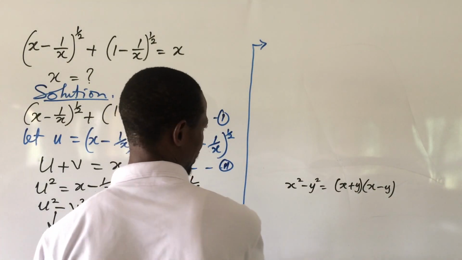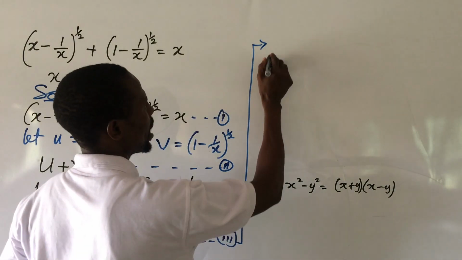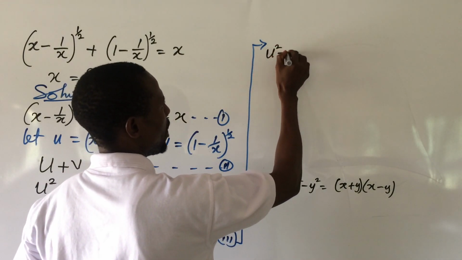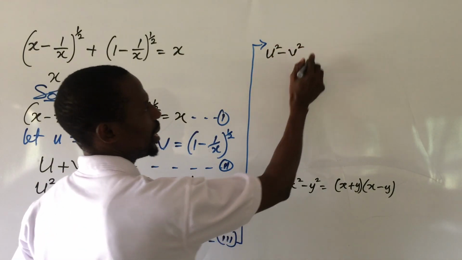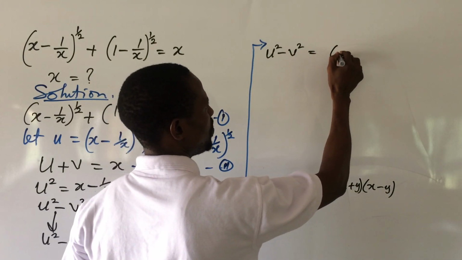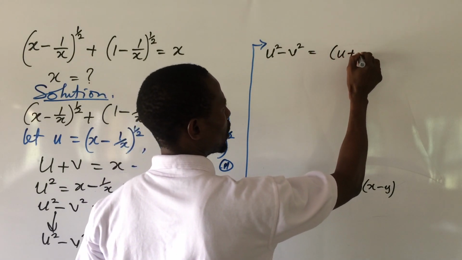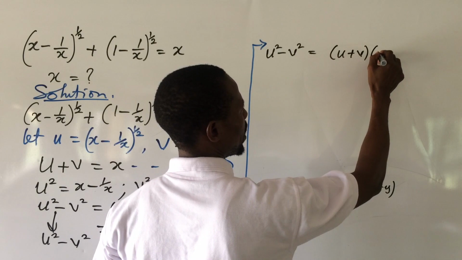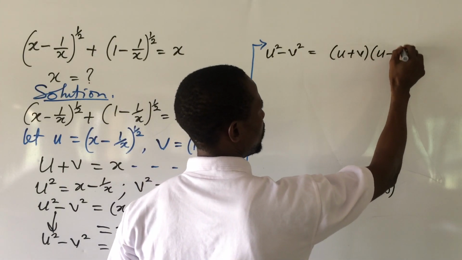We can apply that here, and so we can rewrite u squared minus v squared as (u plus v)(u minus v).